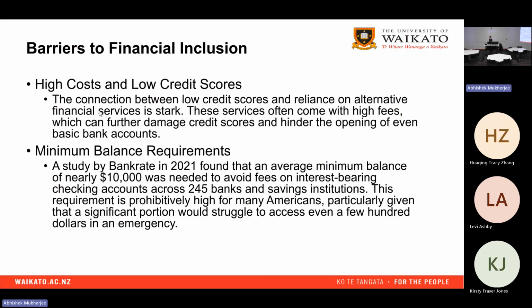Okay. So let's say if you cannot access bank loans, let's think about a home loan. Now, in order to access a home loan, you need to have a minimum deposit, right? So that can be 10%, 5%, depending on the situation, or 20%, depending on your credit score or situation. So then you don't have that 10% or 20%.